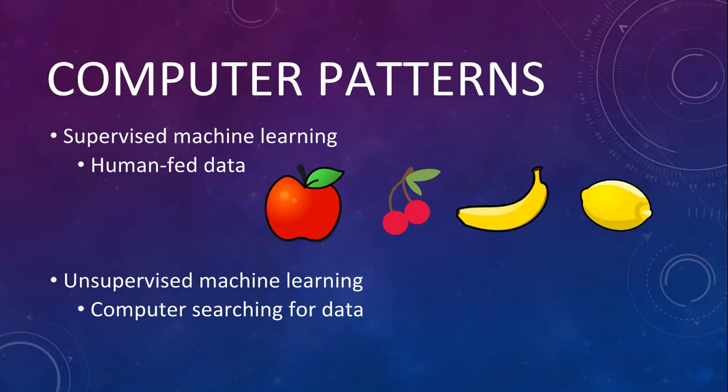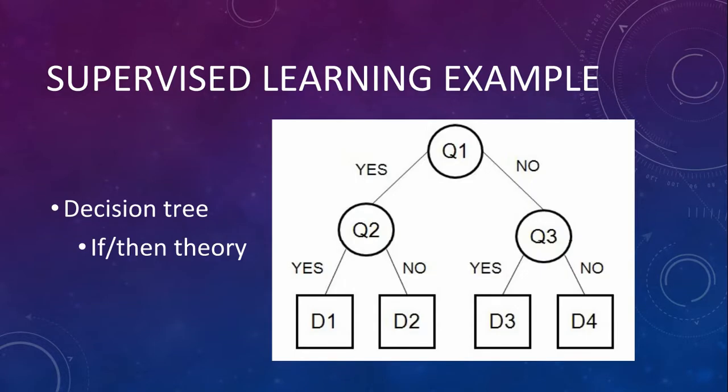Another example of supervised learning is the decision tree. If I input the question number 1 and the computer answers yes or no, then I can ask question number 2 and 3 based on the response of the computer for question number 1.